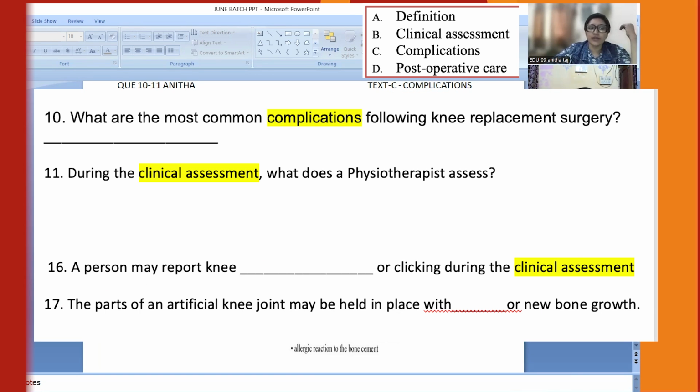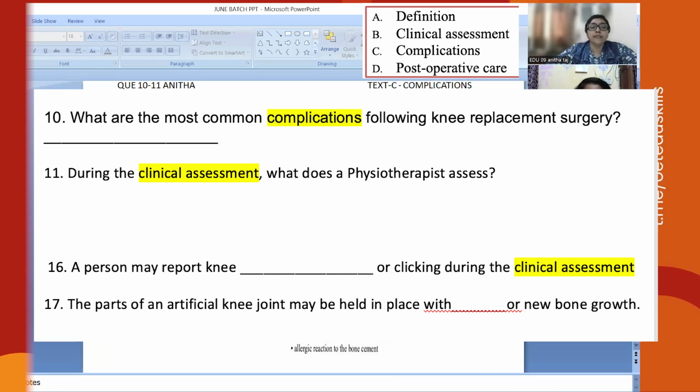Here we have already given a name for each text. Question number 10 is an answer-to-the-question type, so we have to answer in a word or a short phrase. What are the most common complications after total knee replacement surgery?